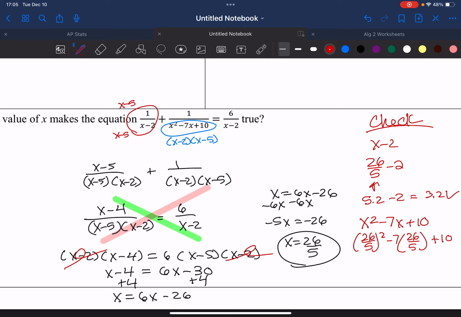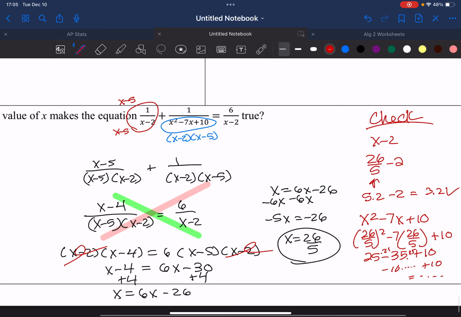And this is approximately 25 minus, let's say if that's about 5, that's 35 plus 10. So it's going to be like negative 10 point something plus 10, which will give me a negative number.